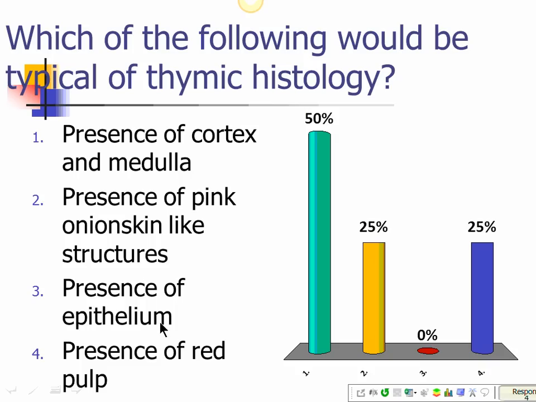Epithelium, of course, is only in the tonsils. And red pulp is present in the spleen. So when you say typical, that means only the thymus has it. Nothing else has it. Cortex and medulla, well, the lymph node has. So you can't use that. Okay. So presence of Hassall's corpuscles, which are pink onion skin-like structures.